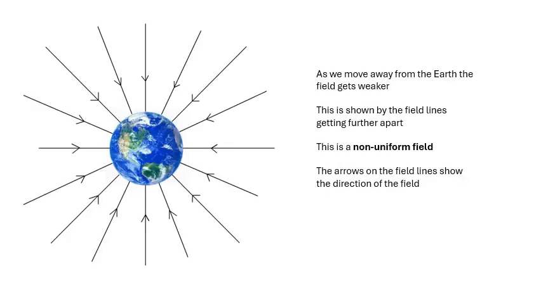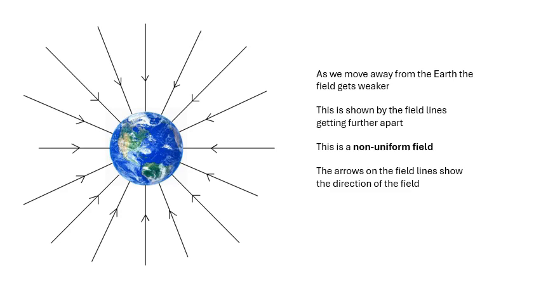However, as we move away from the Earth, the field gets weaker. And we can see that looking on this diagram. And I know that because the field lines are getting further apart. The strength of the field is actually the number of lines per unit area. If you think of it in 3 dimensions, yes, the number of lines that would go through.